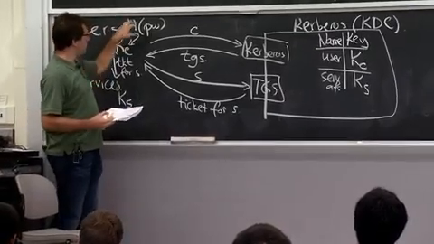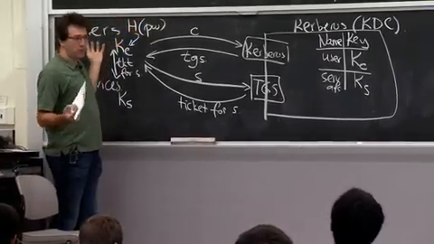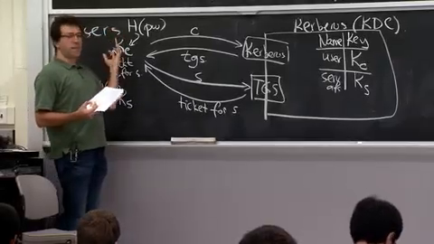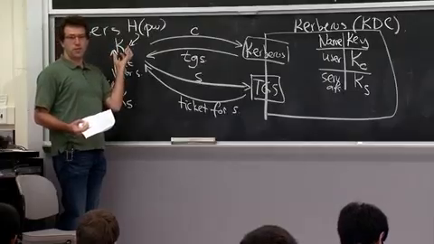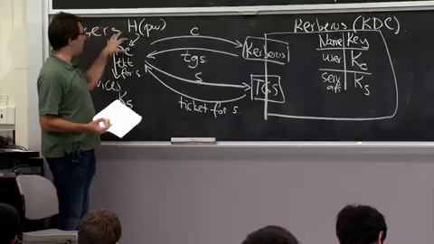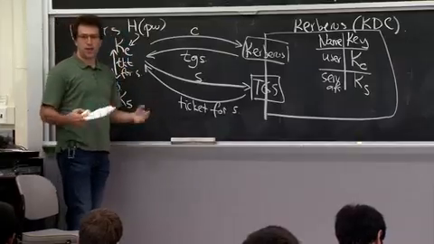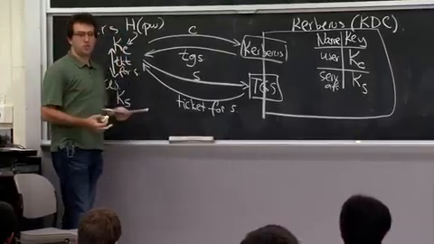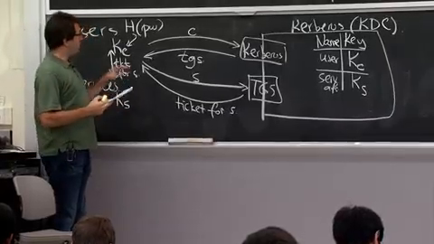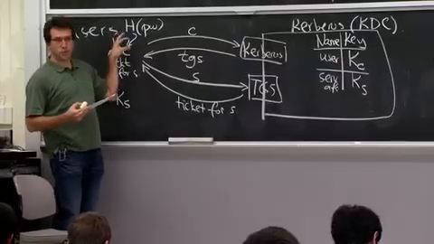Because either you have to ask the user to enter it, which is just annoying for the user, or it sits around in memory, and this is basically as good as the user's password. So if this gets disclosed, then someone with access to KC can keep accessing the user's files until the user maybe changes their password, and potentially even longer. We'll see about that. So this KC is a really dangerous thing to leak.